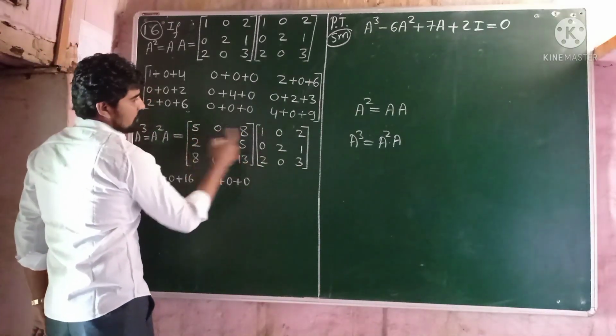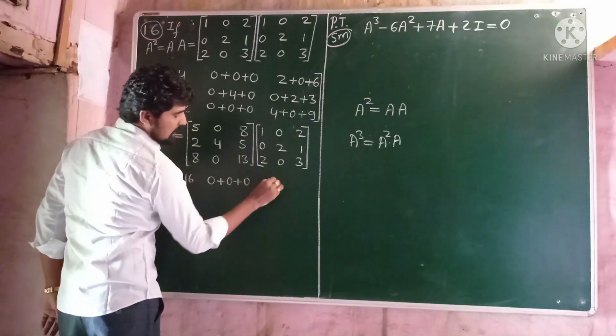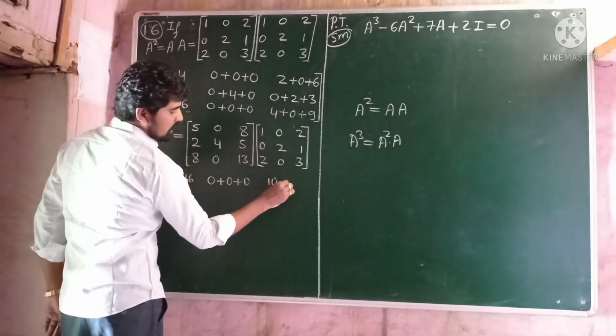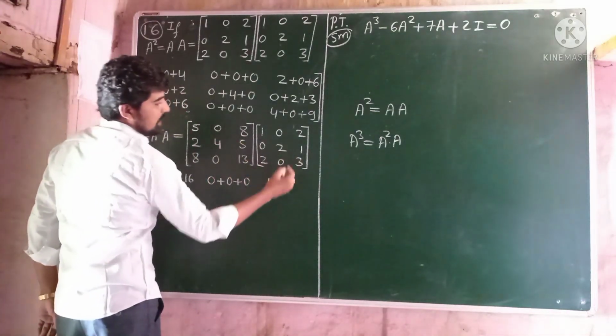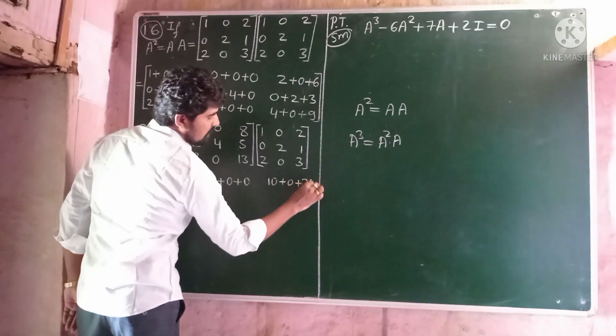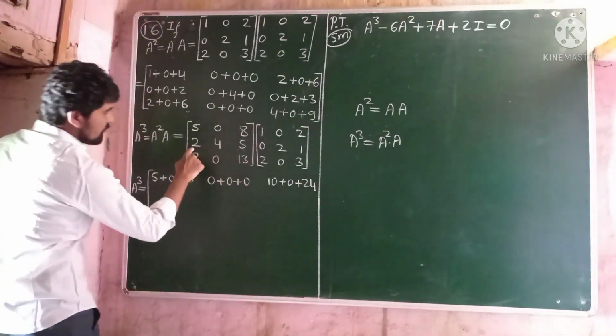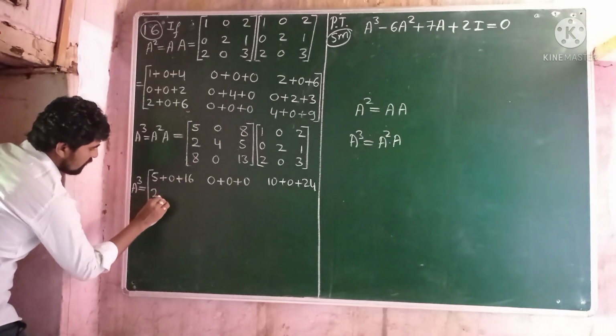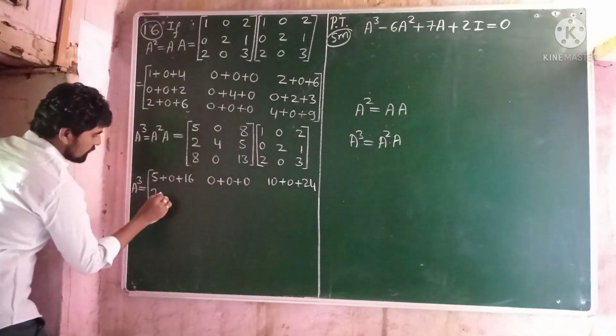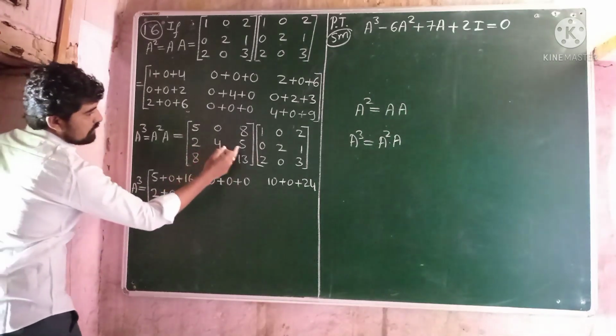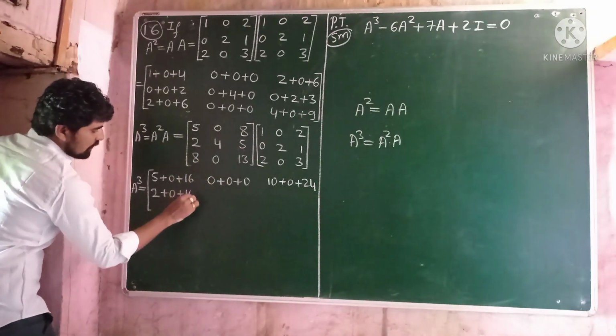First row third column: 5 into 2 is 10, 0 into 1 is 0, 8 into 3 is 24. And similarly, second row first column: 2 into 1 is 2, 4 into 0 is 0, 5 into 2 is 10.